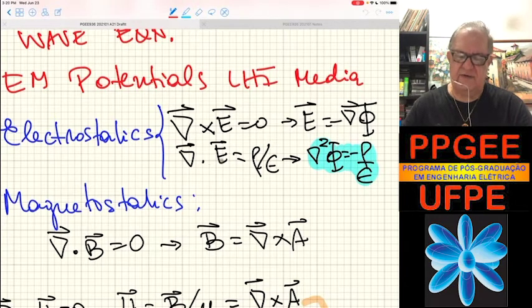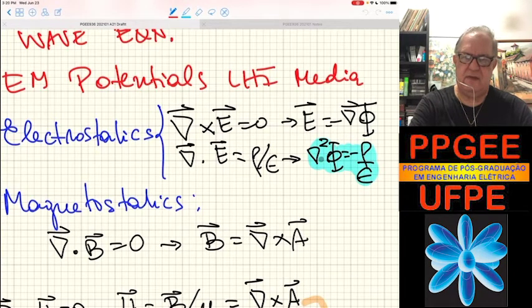Then you go to the divergence equation, just replacing D by epsilon E. You have the divergence of the gradient, which is the Laplacian. So you get Poisson's equation.